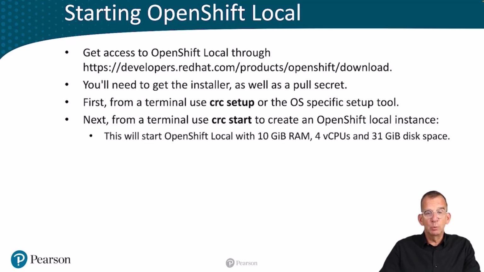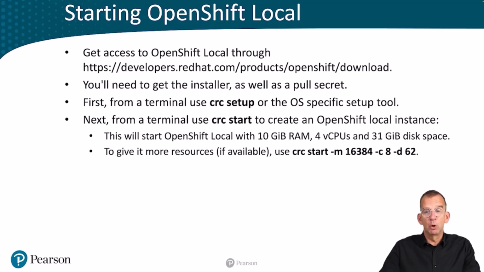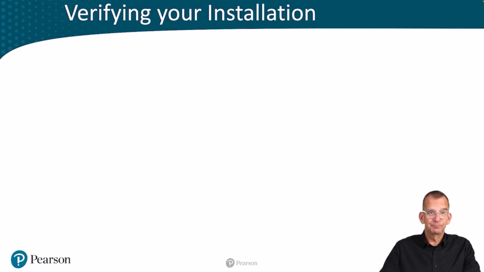And that will start OpenShift Local with 10 GB of RAM, 4 vCPUs, and 31 GB of disk space. And if you want to give it more resources, and I think that's something that you need to do, use a command like crc start -m for the megabytes, 16384, that's 16 gigabytes, -c for the CPU cores, and -d for the gigabytes of disk space that you want to allocate.